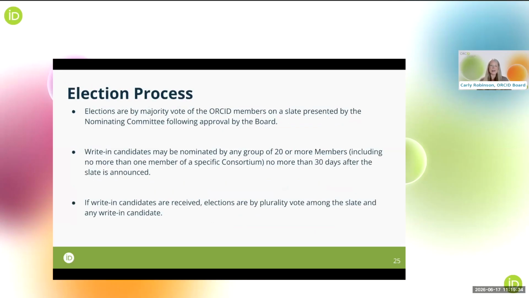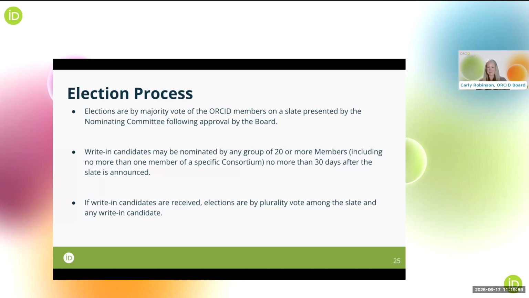So, talking a bit about how the election process works, individuals from member organizations, in the case of member directors, are nominated to serve on the board, often through self nominations. And these individuals are then considered by the nominating committee, who puts together a slate of nominees to be considered by the entire board.